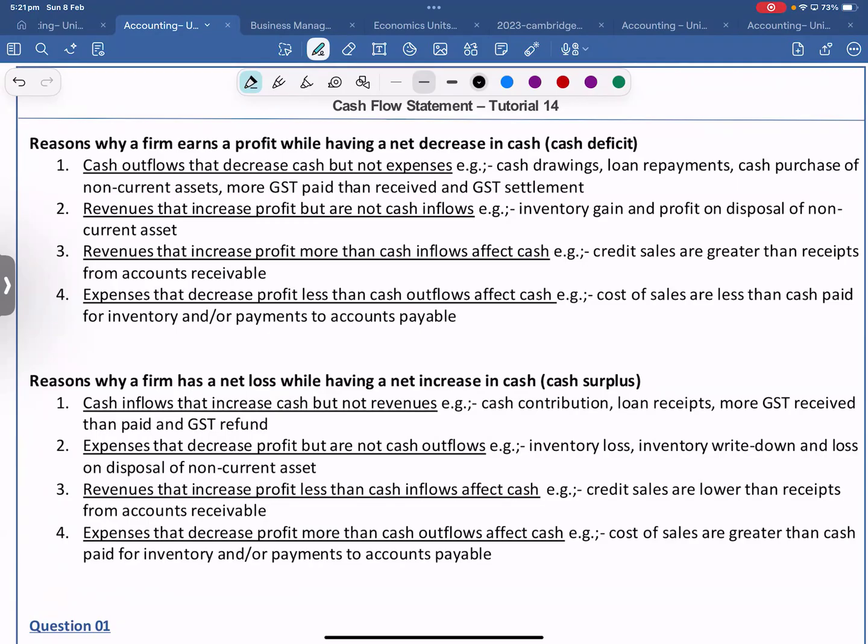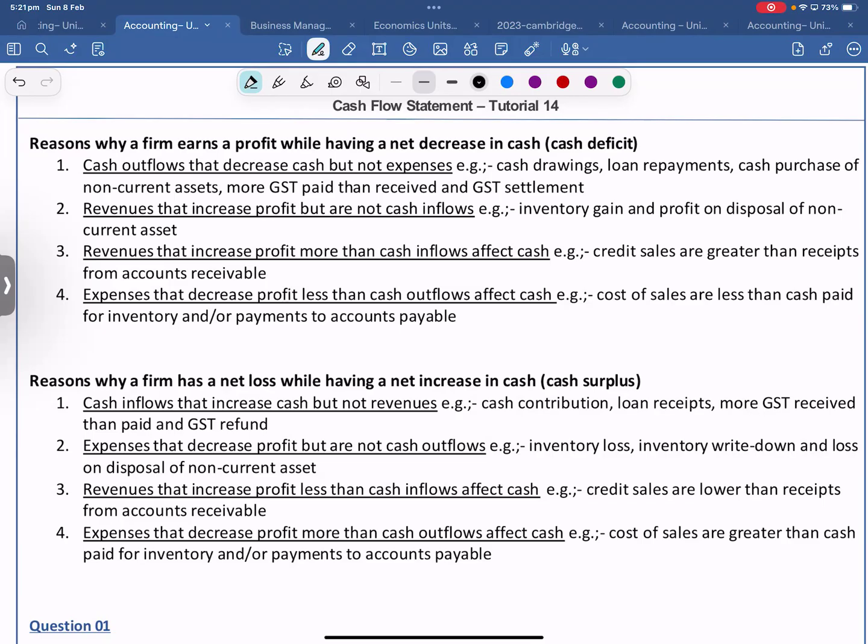Is everything there? Yes, everything is, except two things. Depreciation is not there, that's correct, but depreciation, of course, you know. The other thing I didn't include, as I told you, is the sale of non-current assets, which creates a profit or loss on the disposal. Yes, correct, so that's one.